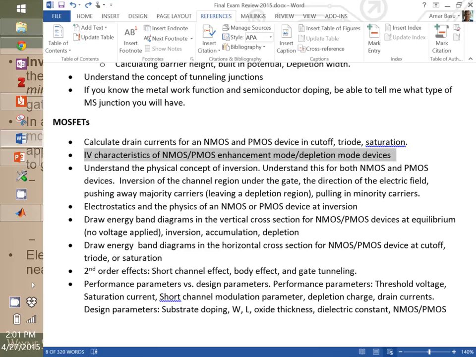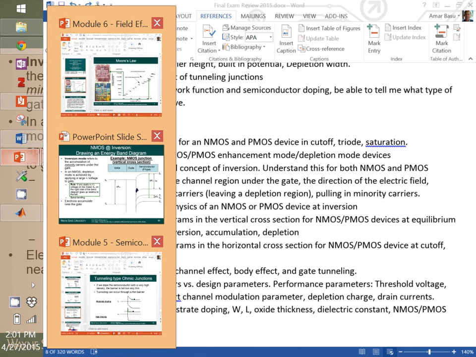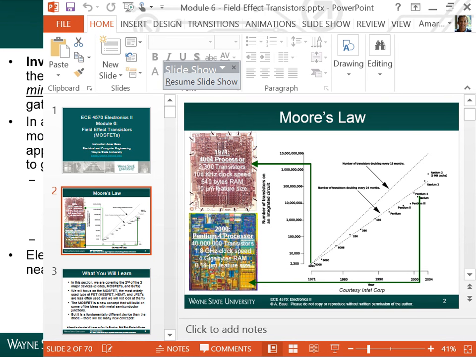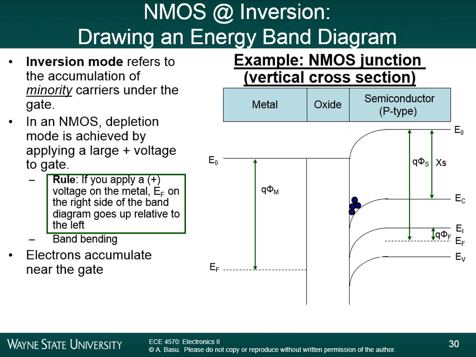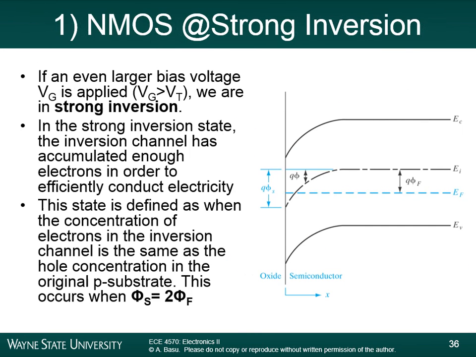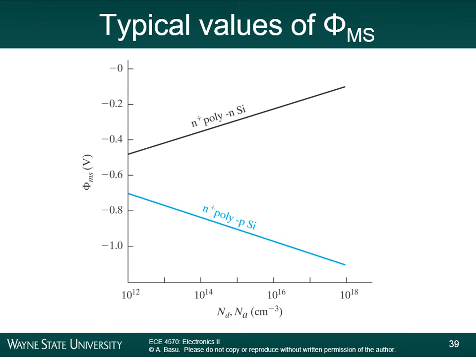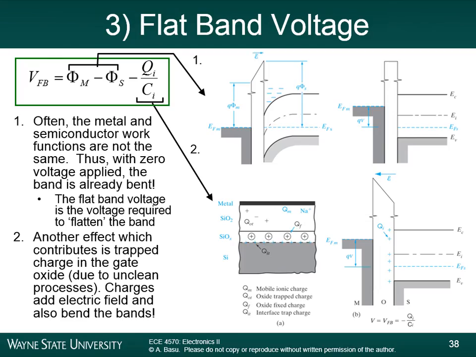Yep, Michael. I actually had a question on Module 6 about the flat band voltage. Just the equation. Slide 38 and 39 on Module 6. Well, that equation there, and they have a kind of derivation of it at the bottom right.